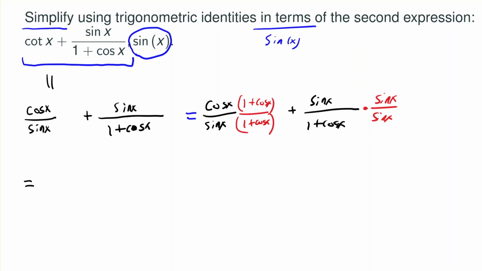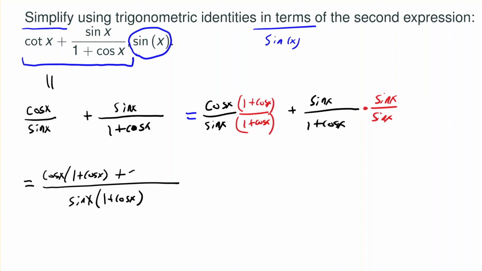So here, I'm going to write sine x times 1 plus cosine x only once, as the common denominator. In the numerator, I have cosine x times 1 plus cosine x plus sine squared x.